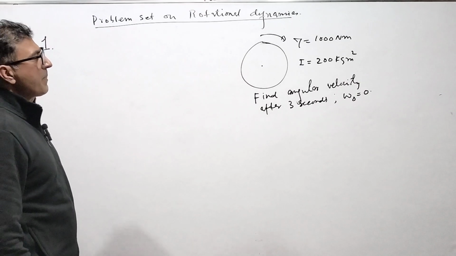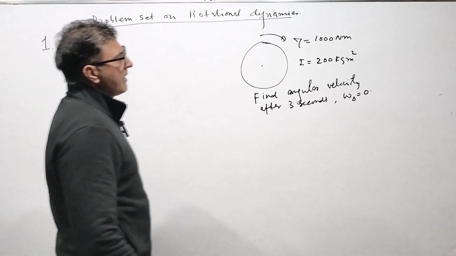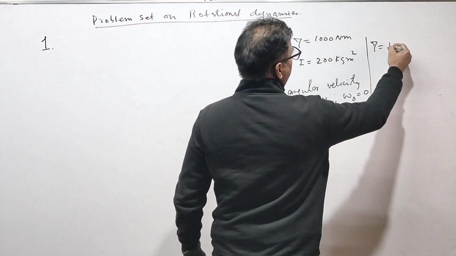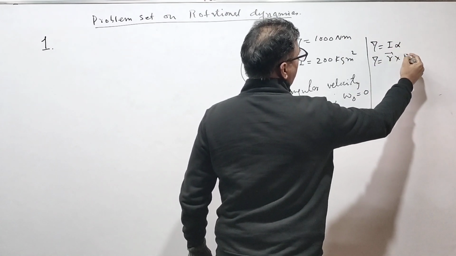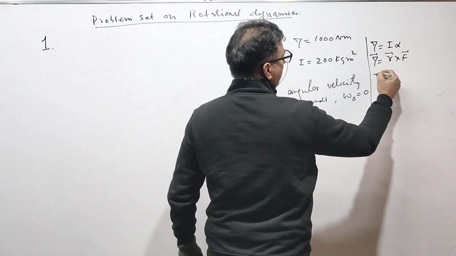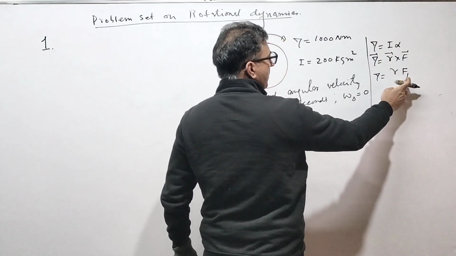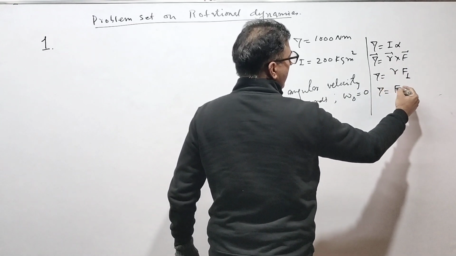So what to do here? We know certain formulas of rotational dynamics. Like you see, torque is equal to I alpha. This is one formula. Torque is equal to R cross F. This is also a formula. Torque is also equal to R F perpendicular, the perpendicular component of force on the radius vector, or F R perpendicular.